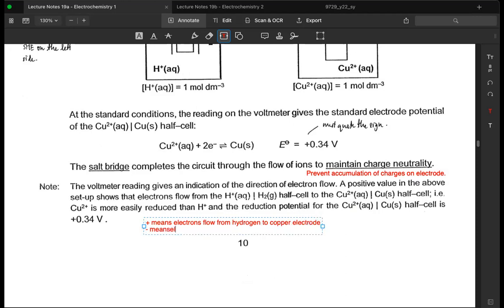Negative means the other way around. Electrons flow from, sorry, I should just put metal, from the metal to the hydrogen electrode. Okay. So that is the meaning of it.